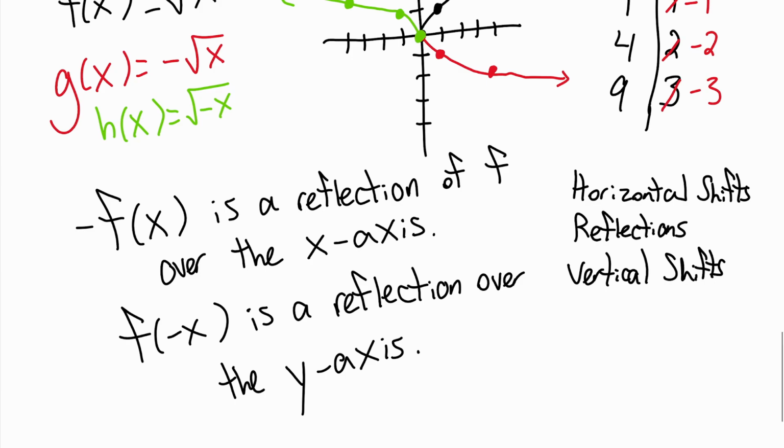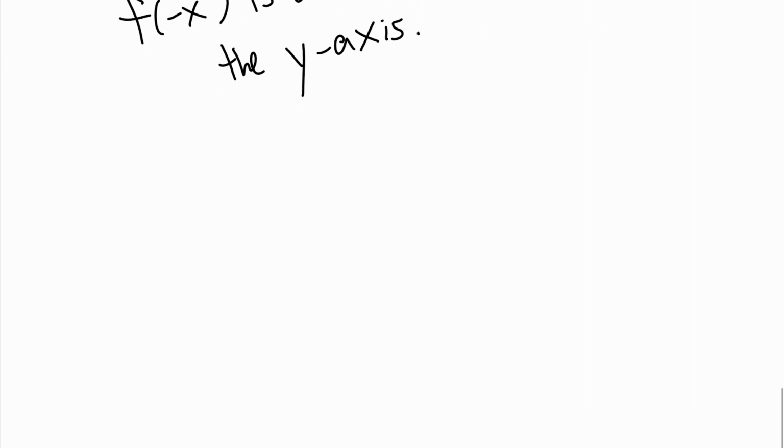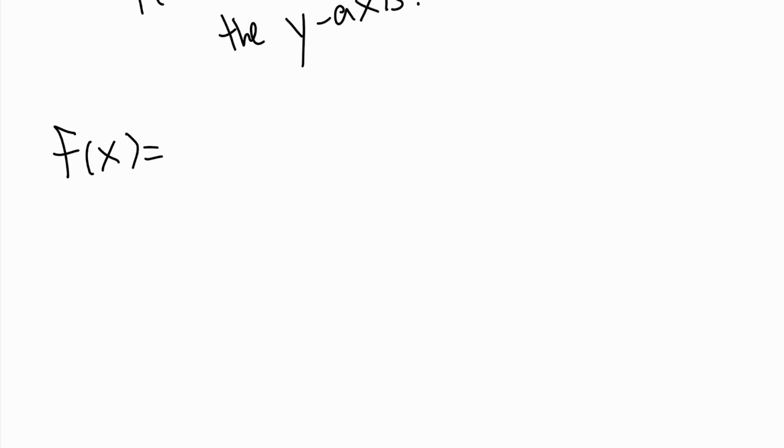So let's do one example with everything we've seen so far. Okay, let's do f of x equals the negative square root of negative x minus 3 plus 2.